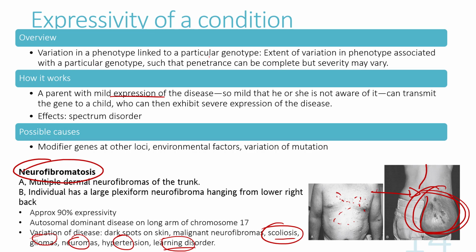The reasons for the variability might be that other genes affect the condition and modify its expression. Or it might be environmentally mediated, or there might be a slight mutation versus a more severe mutation that causes the differences in the expressivity of the condition.